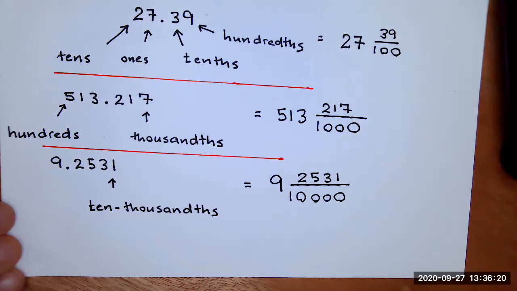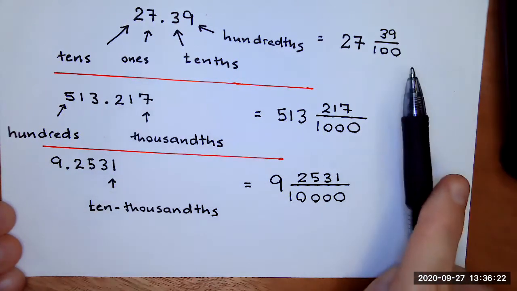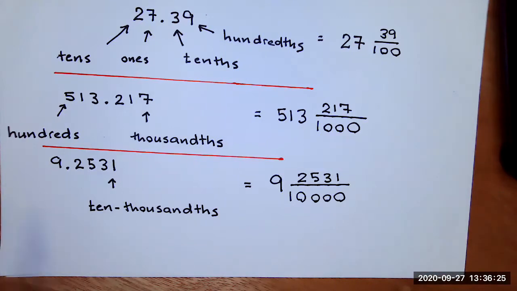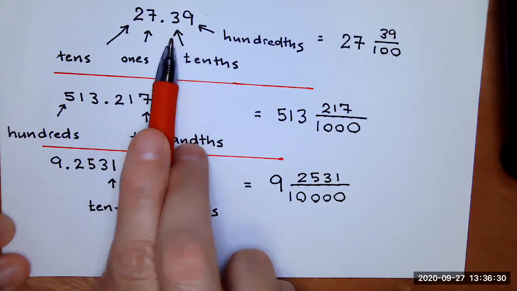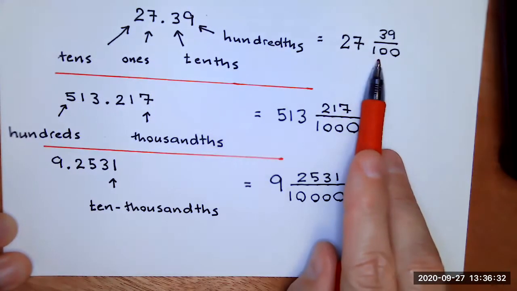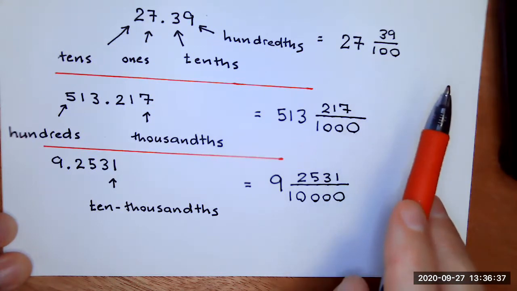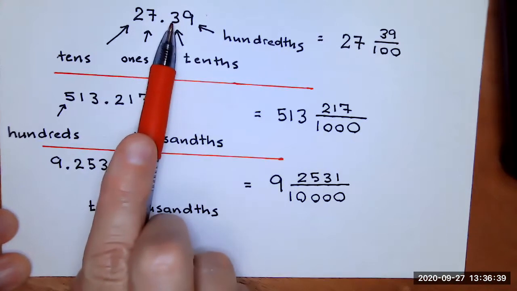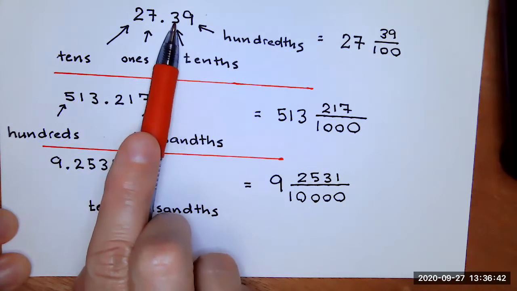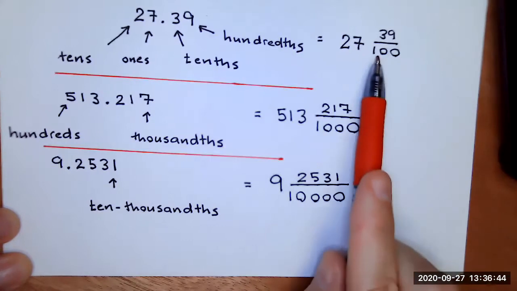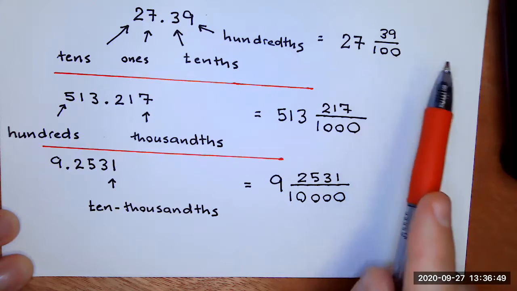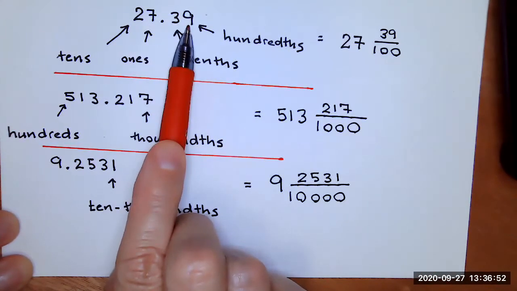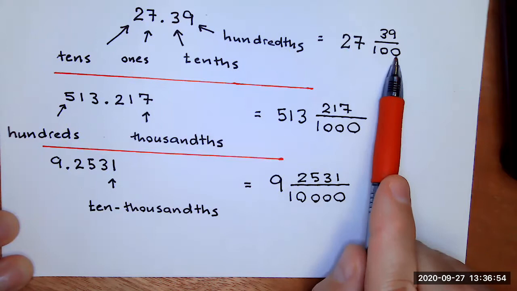So there's two ways of writing a decimal as a fraction. You can either count off, like we've done here, tenths, hundredths, to know what number goes in the denominator. And a shortcut: the number of digits behind the decimal point is the same as the number of zeros behind the 1 in the denominator. We have 2 digits behind the decimal point, 2 zeros in the denominator.